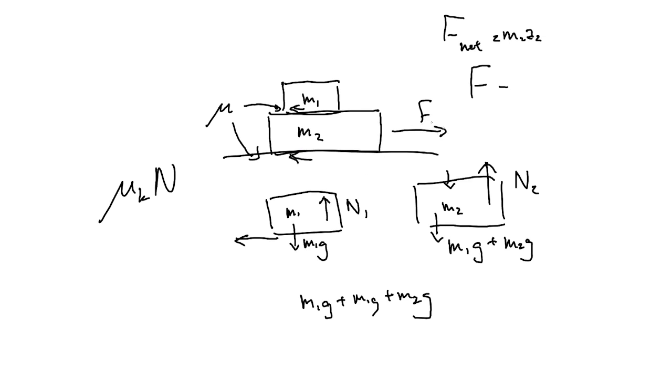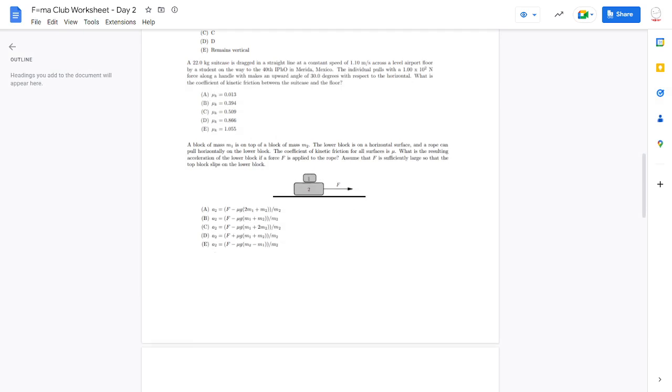And both of these are going to be counteracting our force. So that's why our normal forces add together, if you were curious. So our total normal force is going to be our mu times g, which is present here, times 2m1 plus m2. And since we're trying to find our acceleration, it's going to be all divided by m2 as shown here. And so if we look back on our slideshow, that is going to be our answer choice A.